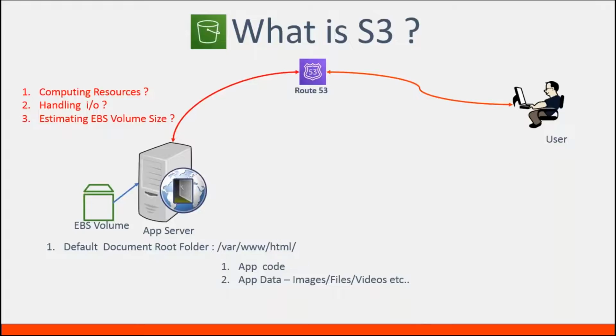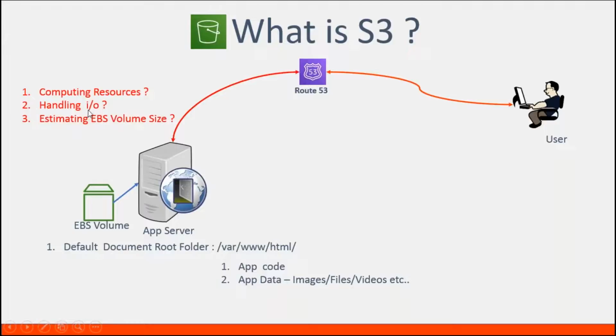Obviously, right? Any instruction that has to be done should consume the processor and memory capacity. That is what is called a computing resource. So one problem is if you are using the EBS volumes to store this type of static data, it consumes more computing resources to handle the IO, correct?